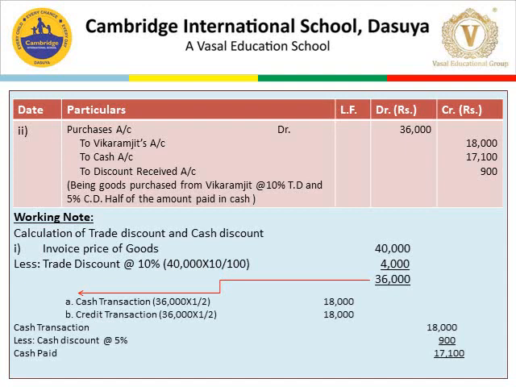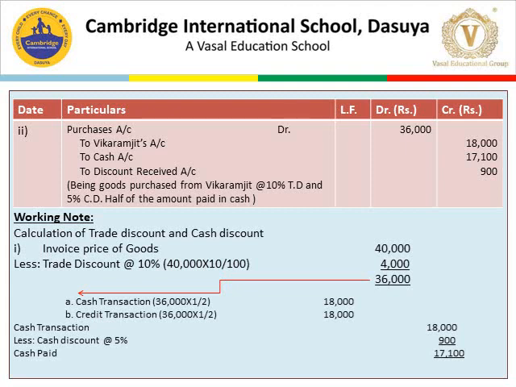Now see the journal entry, purchases account debit with 36,000. It is the amount after deducting trade discount. Now to Vikramjeet's account. Now Vikramjeet is a person from whom we have bought goods. So he is a creditor to whom we have to pay in future. So increase in liability. It's a liability which we are going to pay in future.